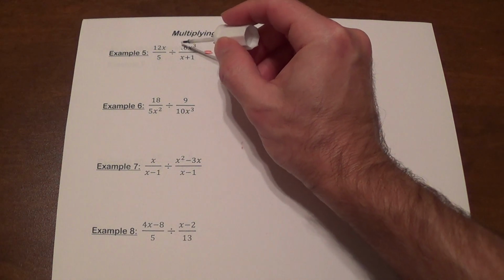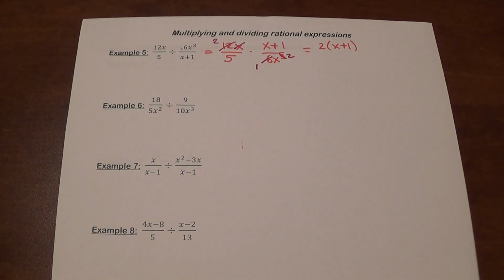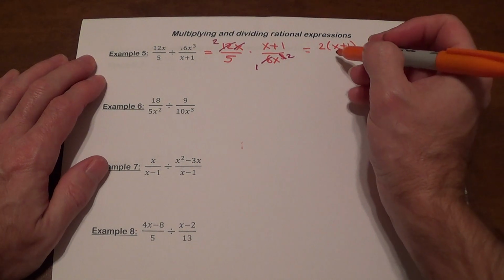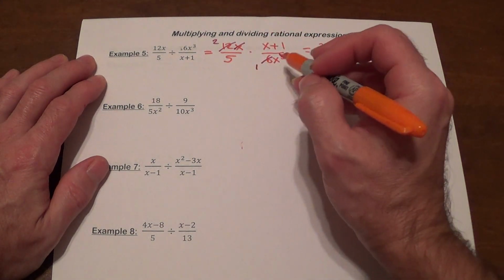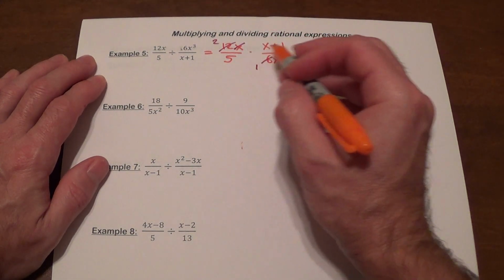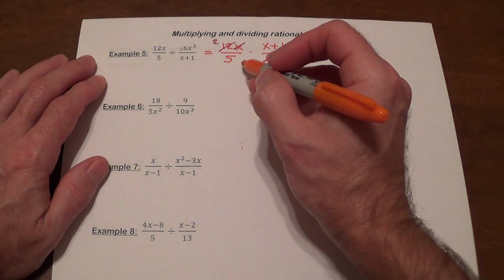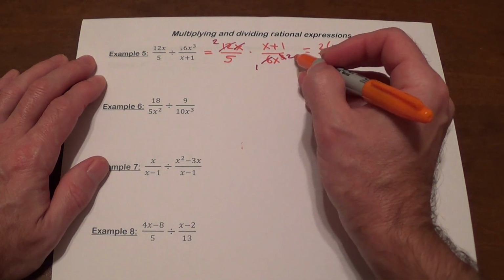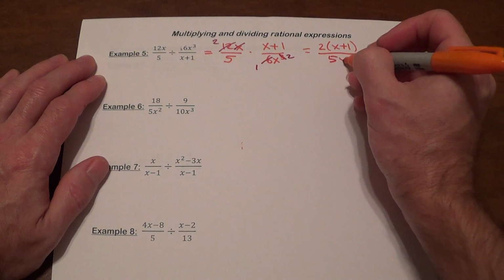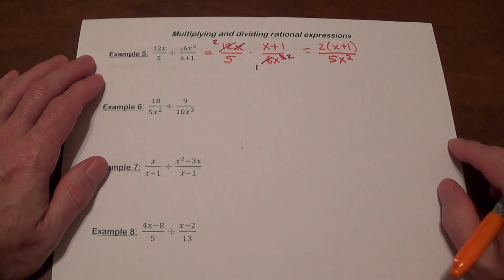So let's just imagine this was 6. It was actually 16. It's my mistake, but I don't want to create a mess here now. So let's just say it was 6. Okay, so 6. Here we're going to have 2 times x plus 1, and on the bottom we're going to have 5 times 1 times x squared, so 5x squared.